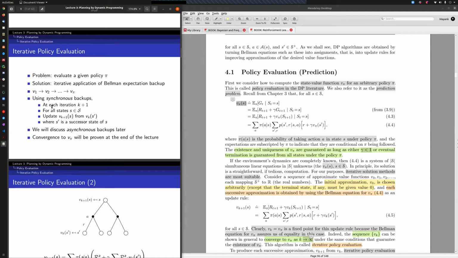What they do is, for all the values at this time step, let me try to zoom.